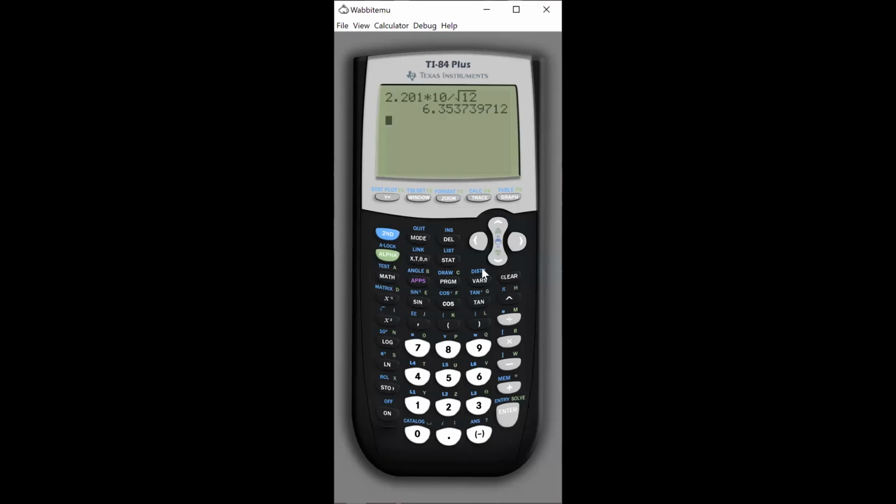First thing you want to do, you go to stats, go to edit, and enter the whole data set into L1 or L2, whichever L you want. Once you enter the data set, you go to stats, go to tests, and if you remember on Monday, we used the T interval.